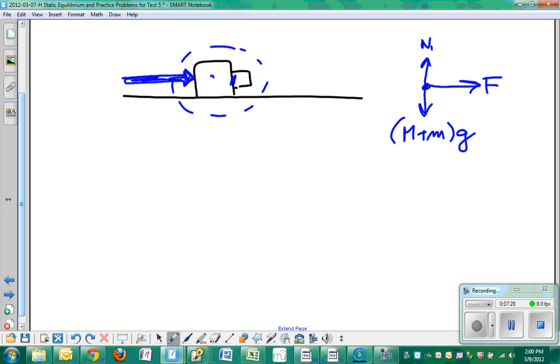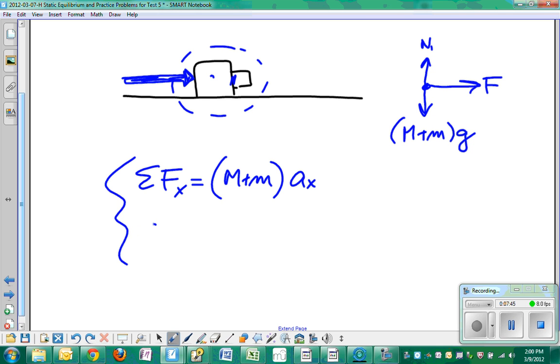All right, so now the net force acting on the system in the x direction is equal to what mass though? The whole mass, M plus little m times that ax we just found. And we know the net force acting on the system is just that applied force F that we were talking about.